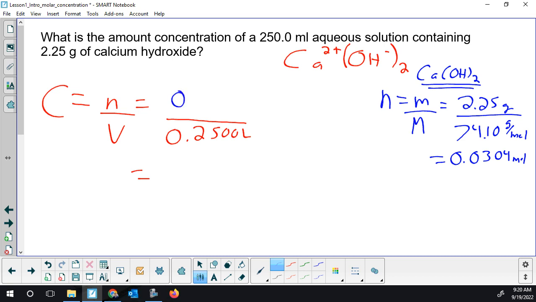So you leave that whole thing in your calculator. You do the volume conversion in your head, the divide by 1,000. And I get 0.121 moles per liter.